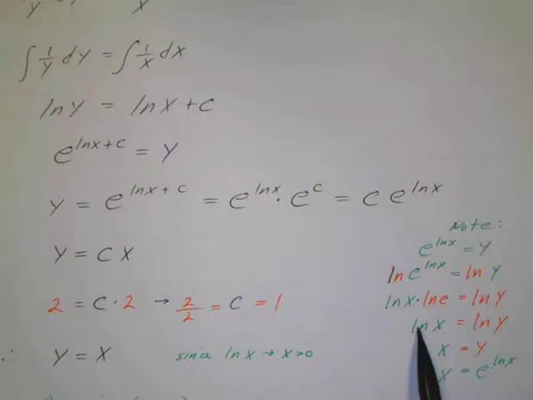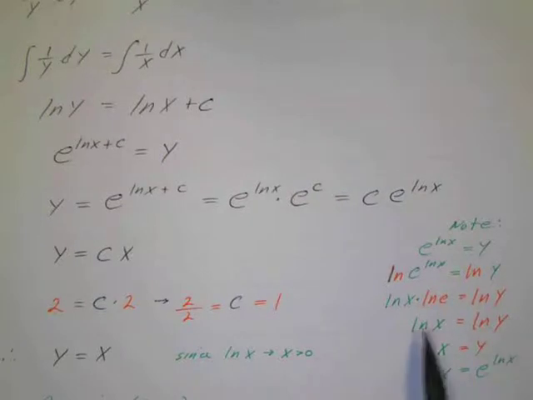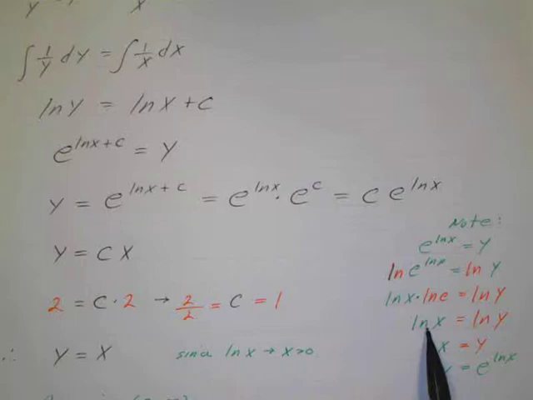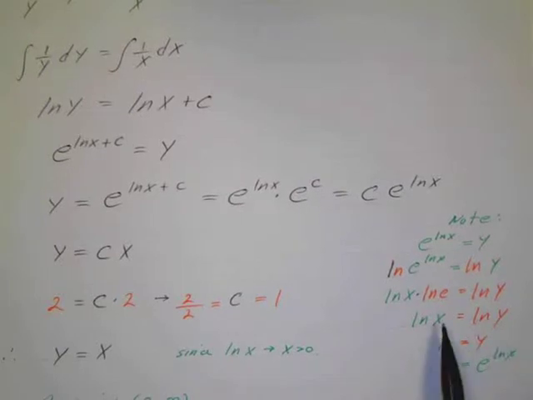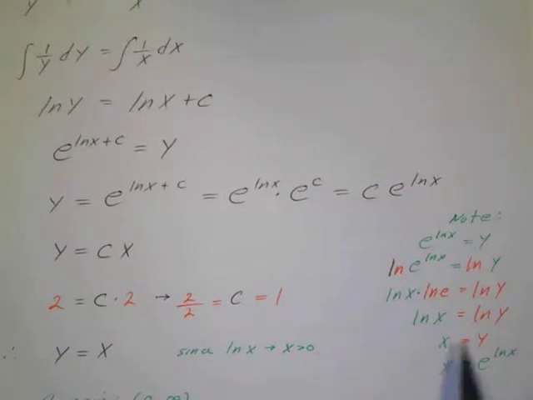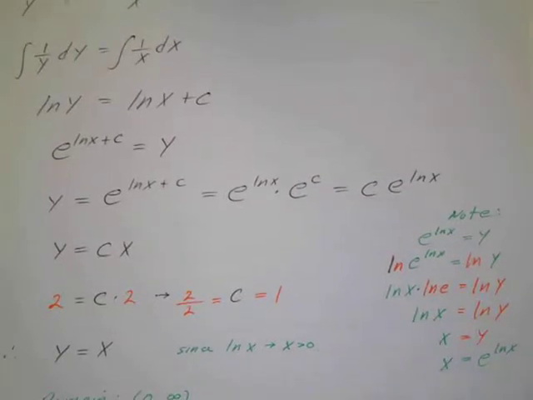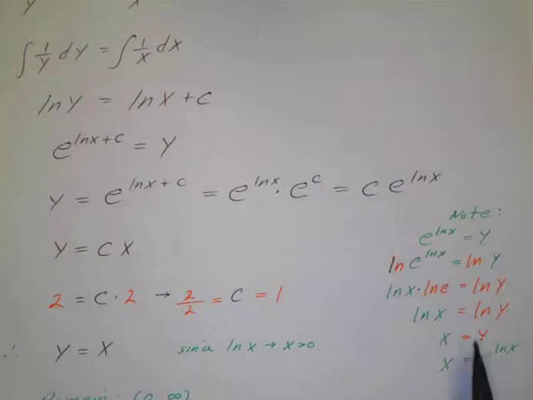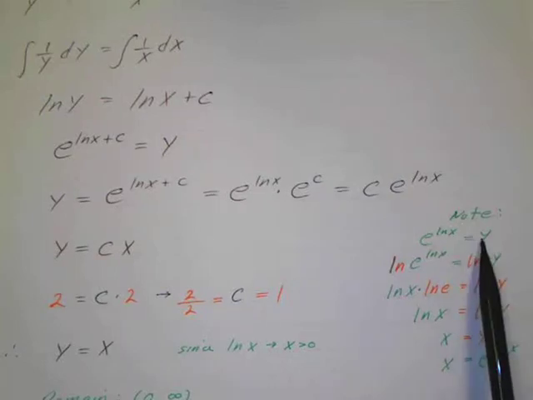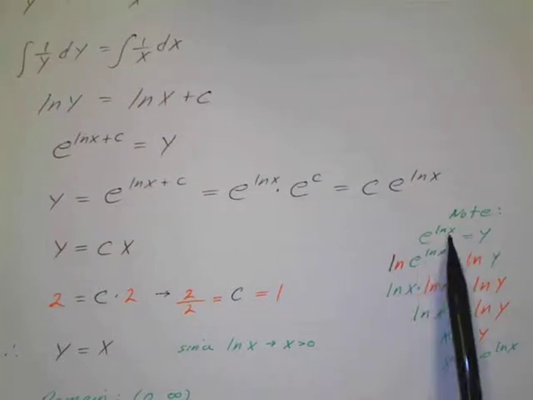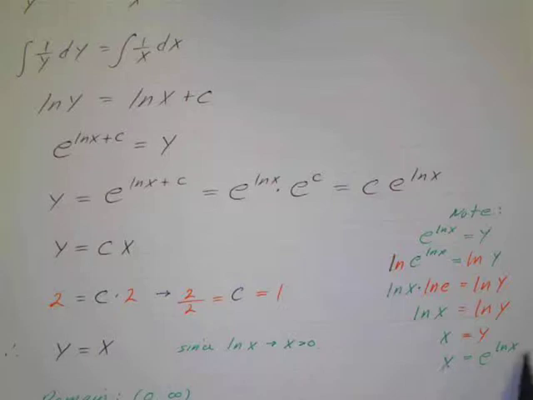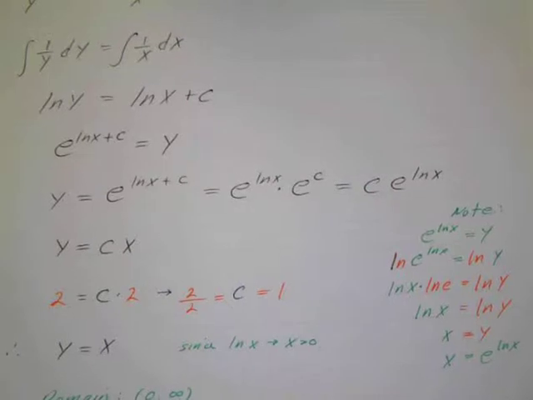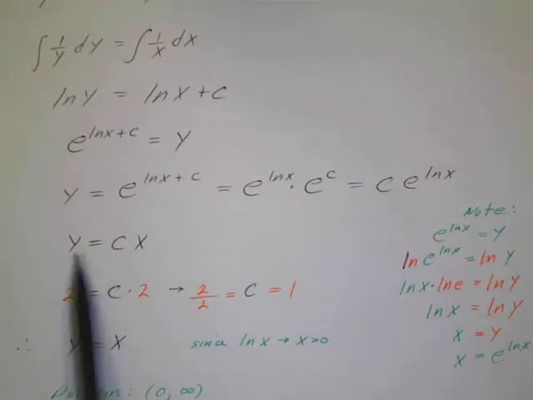So then I would have the natural log of x equal to the natural log of y, and since the natural log is a one-to-one function, if the left side equals the right side, and they're both the same base, then the arguments have to be equal. So x equals y. So in either case, we get e to the natural log of x equals x.